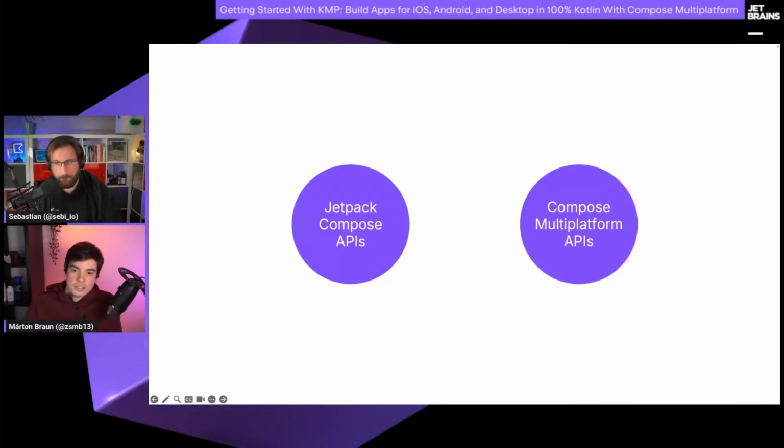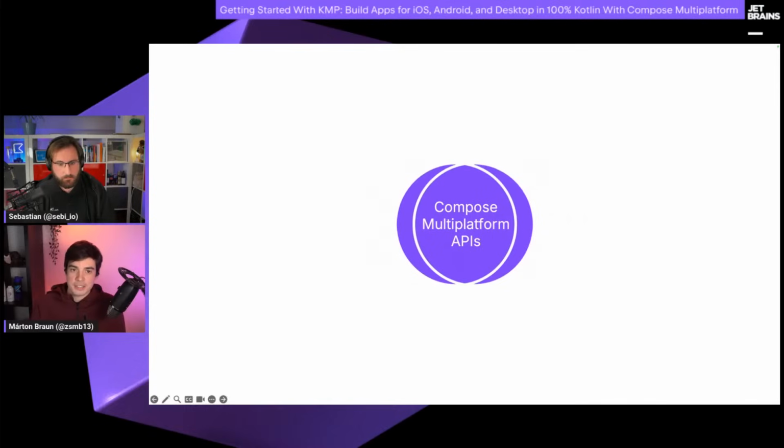If you are already familiar with Jetpack Compose APIs from Android, you'll feel right at home with Compose multi-platform APIs, as the APIs for the most part are exactly the same between these two toolkits.